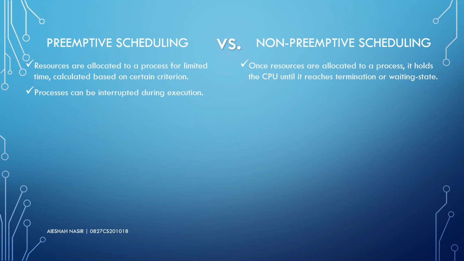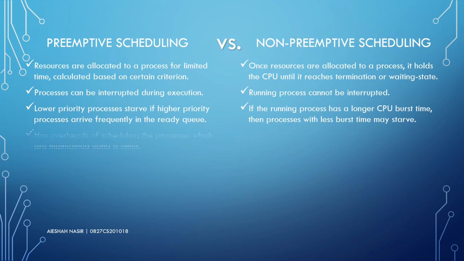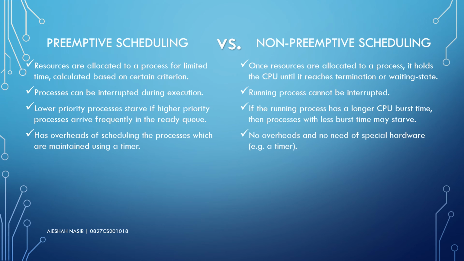So the processes in preemptive scheduling will be interrupted unintendedly, and in non-preemptive there are no such interruptions. Starvation occurs in both of them, and there are overheads in preemptive scheduling. For example, you require a timer, and there are also costs associated with shared data. In non-preemptive scheduling, there are no overheads and no special hardware requirement.